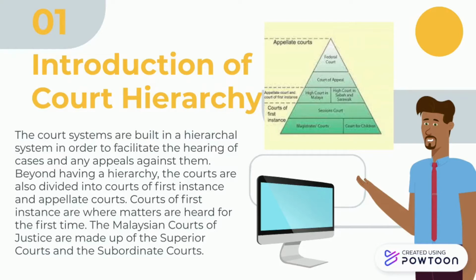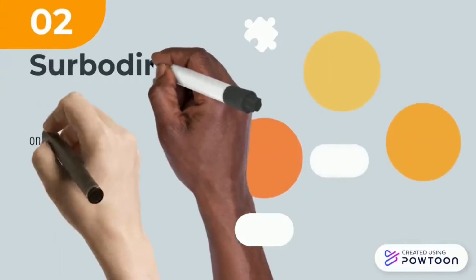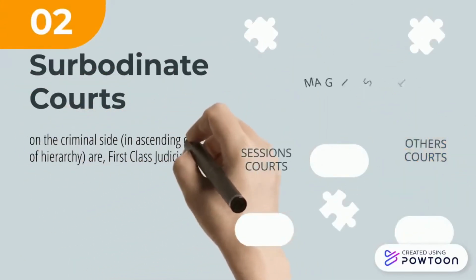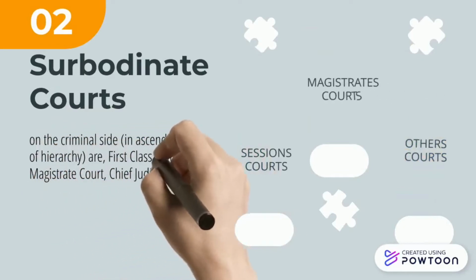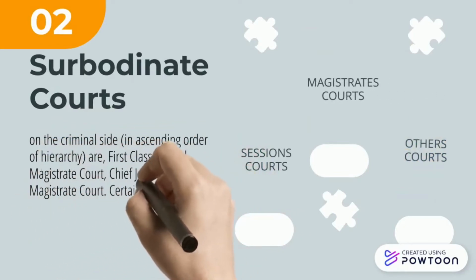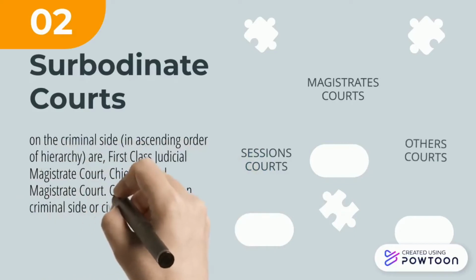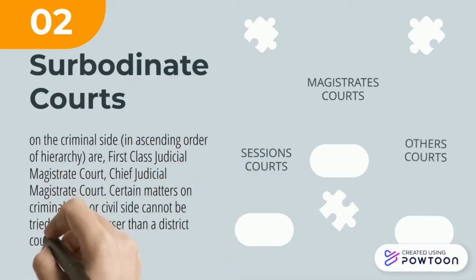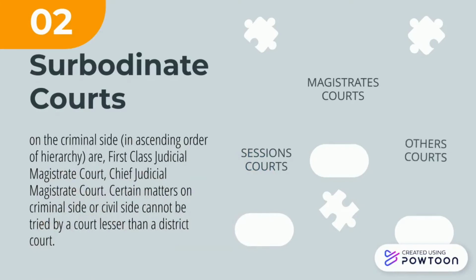The Malaysian courts of justice are made up of the superior courts and the subordinate courts. Next, subordinate courts. What are subordinate courts? On the criminal side, in ascending order of hierarchy, are the first-class judicial magistrate court and the chief judicial magistrate court.